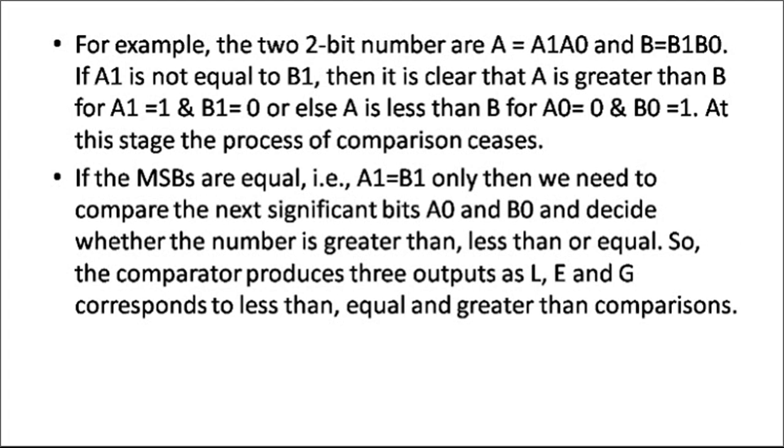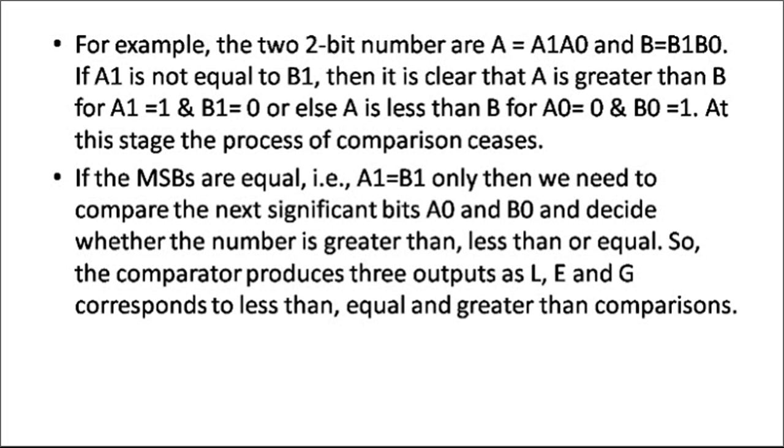For example, consider the 2-bit numbers A1 A0 and B1 B0. If A1 is not equal to B1, then it is clear that A is greater than B, for A1 equal to 1 and B1 equal to 0.